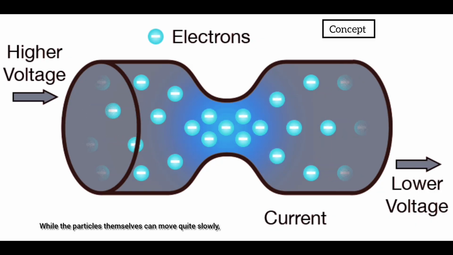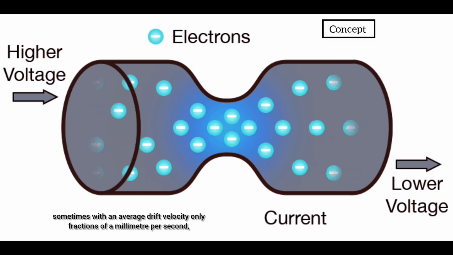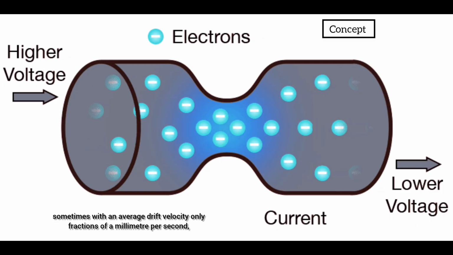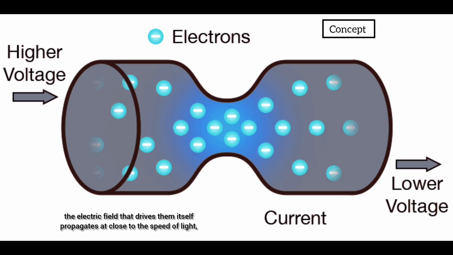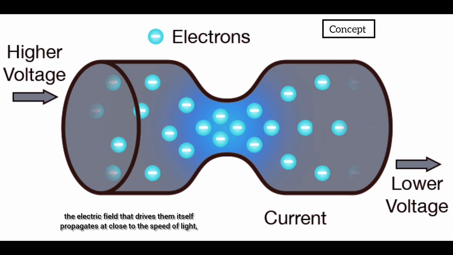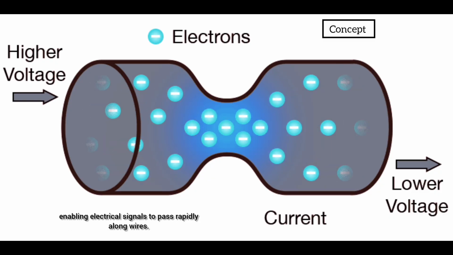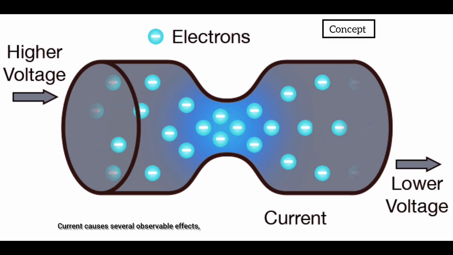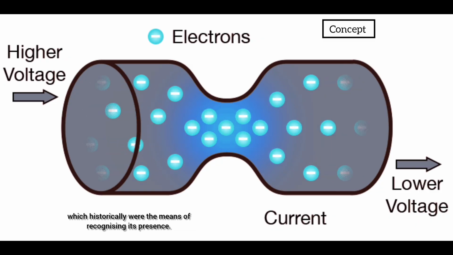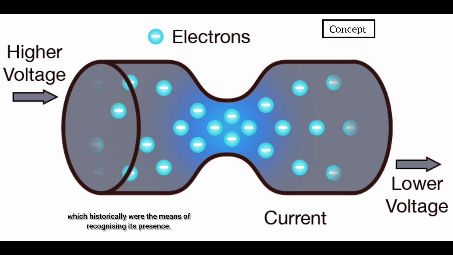While the particles themselves can move quite slowly, sometimes with an average drift velocity only fractions of a millimeter per second, the electric field that drives them itself propagates at close to the speed of light, enabling electrical signals to pass rapidly along wires.